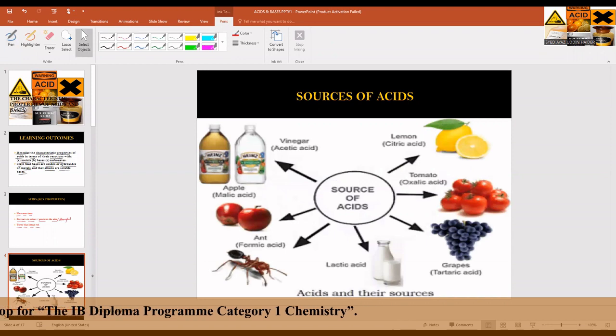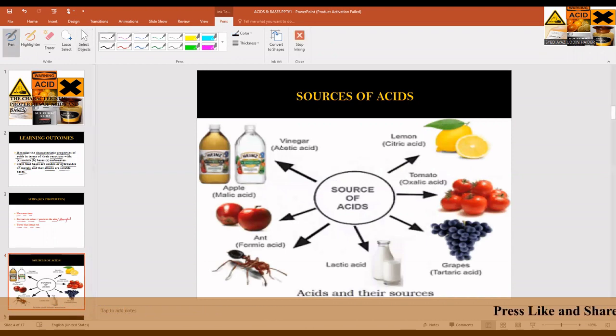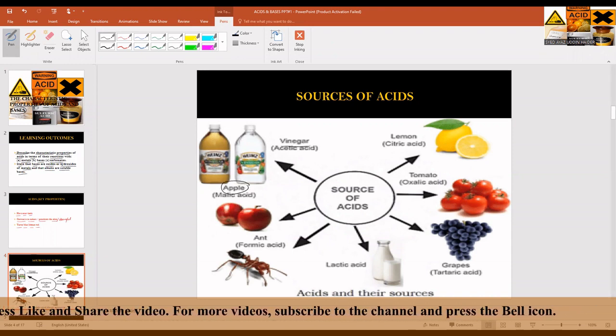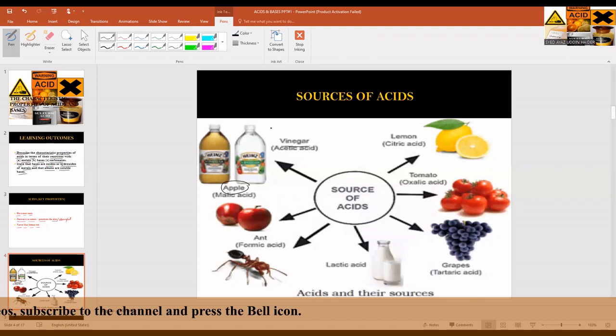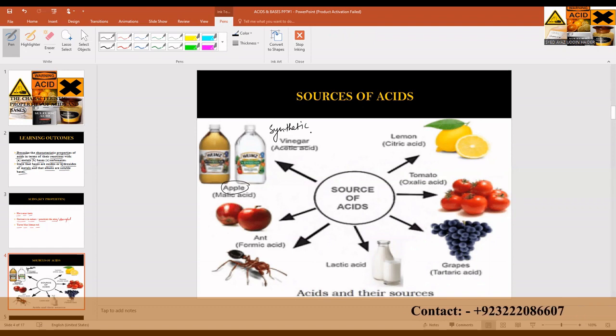So these are some sources of acids in our daily life. This is vinegar. We have fruit vinegar and we have synthetic vinegar. Synthetic vinegar contains 6% of acid, while fruit vinegar contains 5% of the acid.